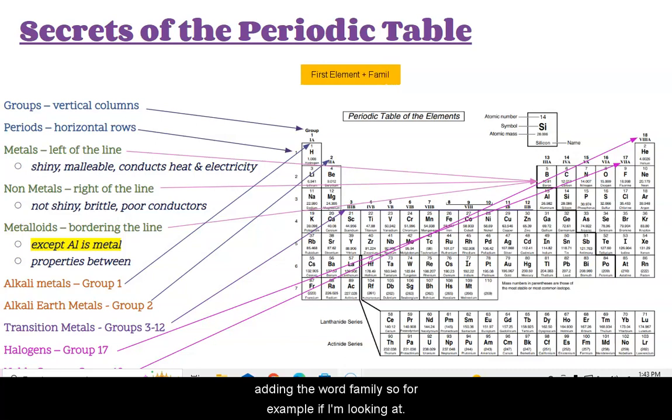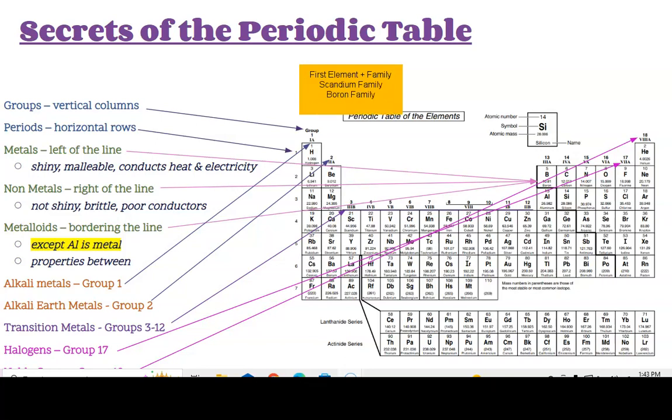So for example, if I'm looking at column 3, it would be the scandium family. If I'm looking at column 13, it would be the boron family. If I'm looking at column 16, it would be the oxygen family.